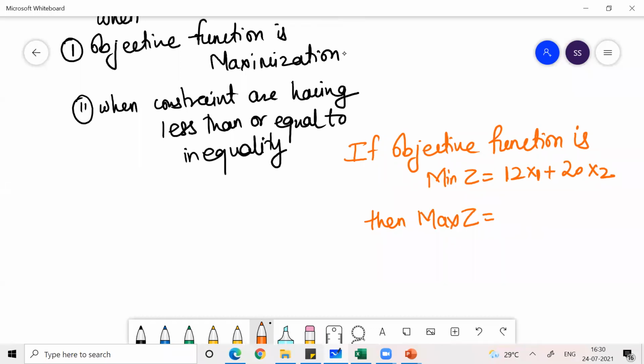How can you write maxima of z? You can convert the minima into maxima by changing the sign of the equation. Then this will become minus 12x1 minus 20x2.